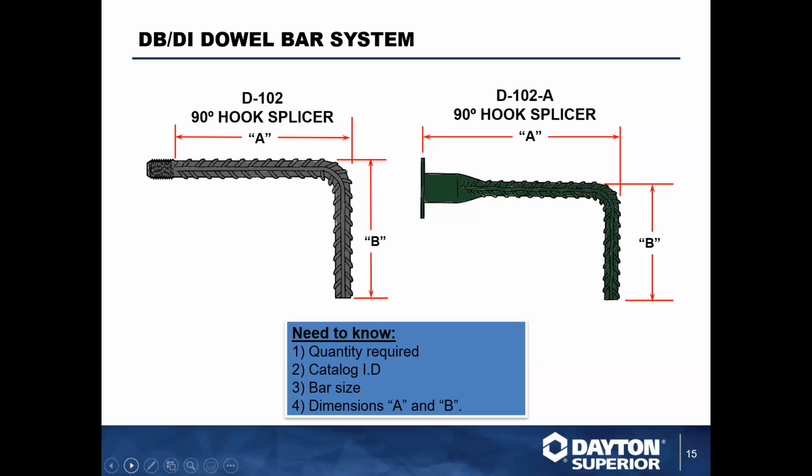And if you look at the D101, 102A, the female receptacle is all rebar that has been enlarged and then tapped to accept the corresponding rebar with that upset thread.